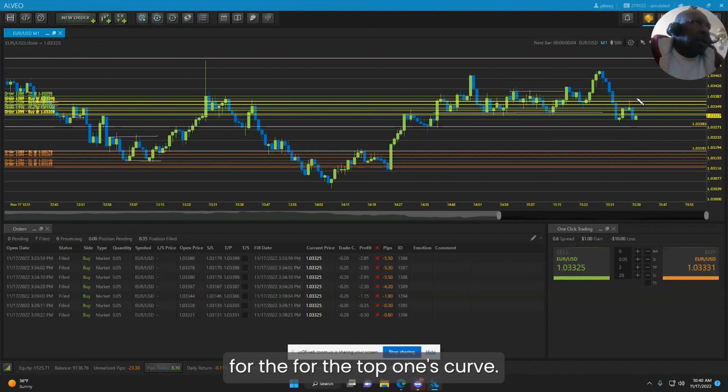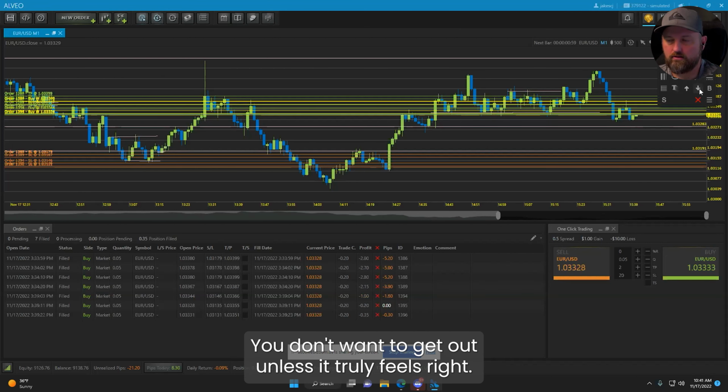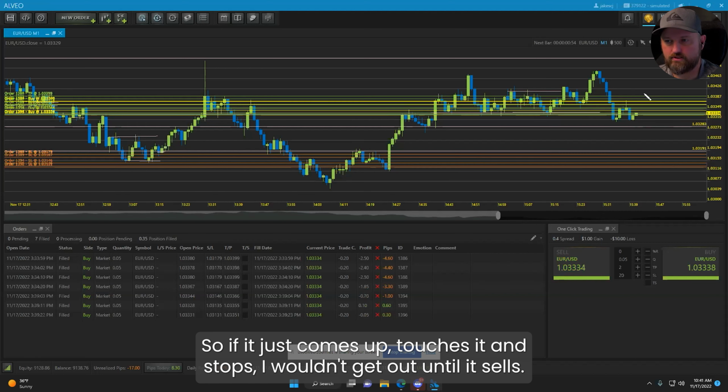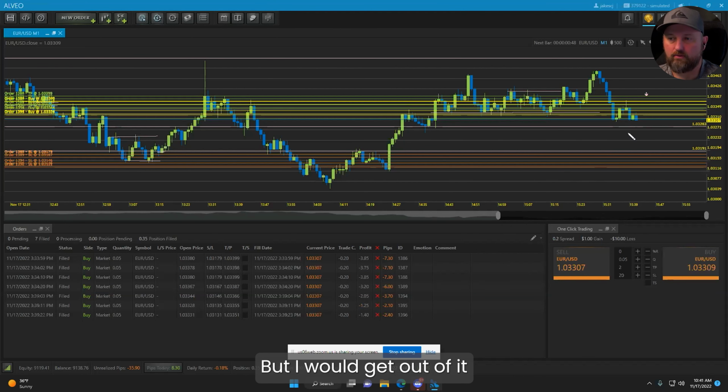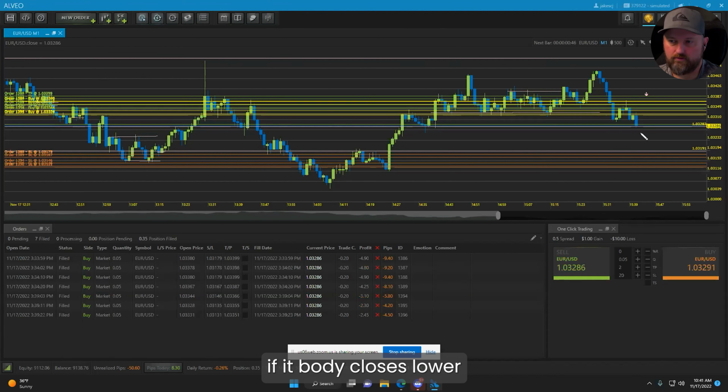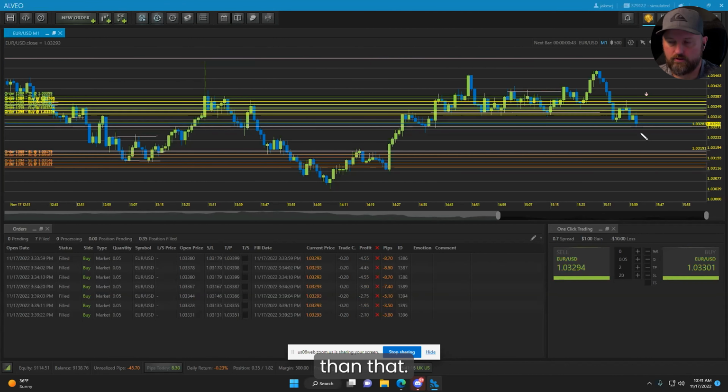Also for the top ones, correct. If it fails, right? But you don't want to get out unless it truly fails. So if it just comes up, touches it and stops, I wouldn't get out until it fails, right? But I would get out of it if it body closes lower than that.